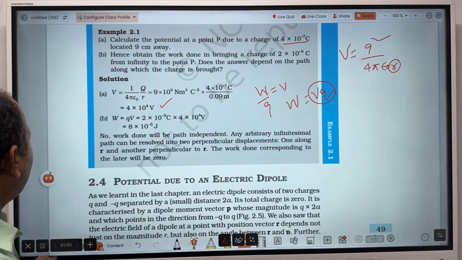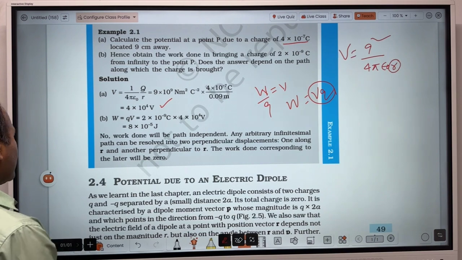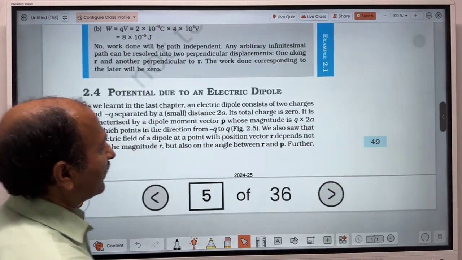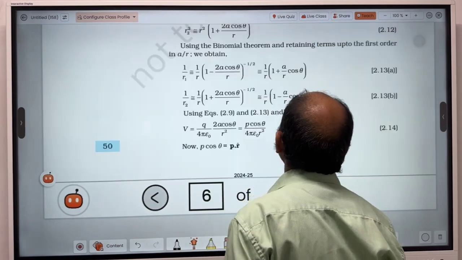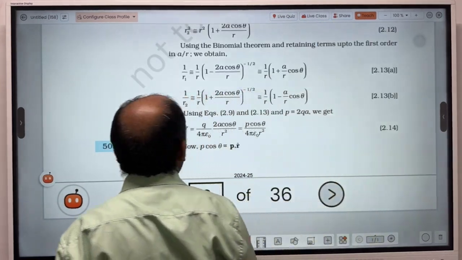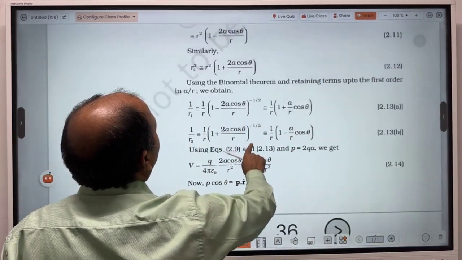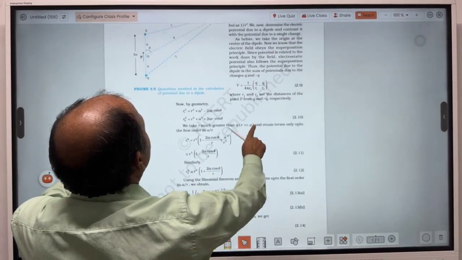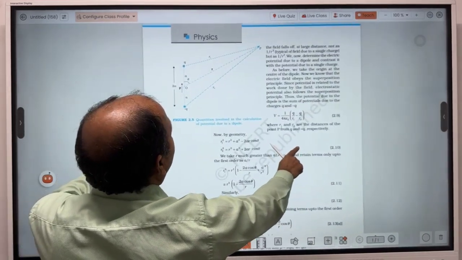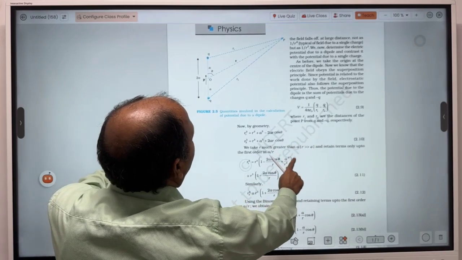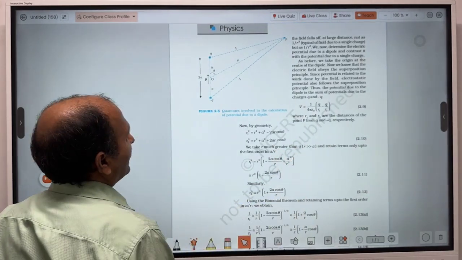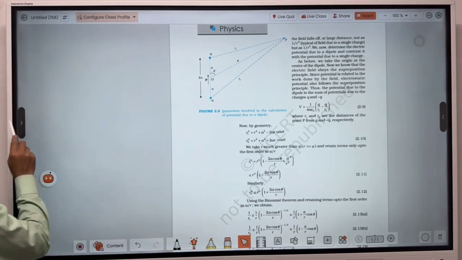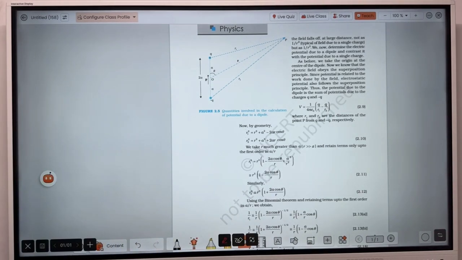Now we are going to see what is the potential due to an electric dipole. I think you know what a dipole is. Let's recall it, and then we are going to derive a very important relation, which is considered a little tough for children, but I will try to make it as simple as possible. So here you are given a dipole.